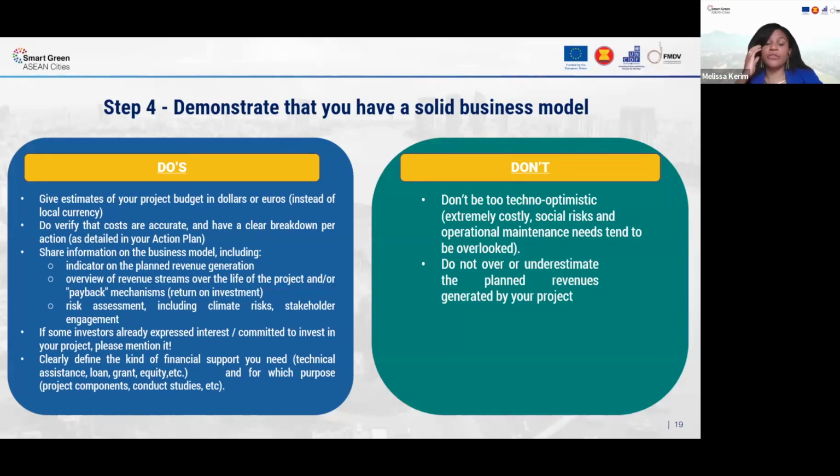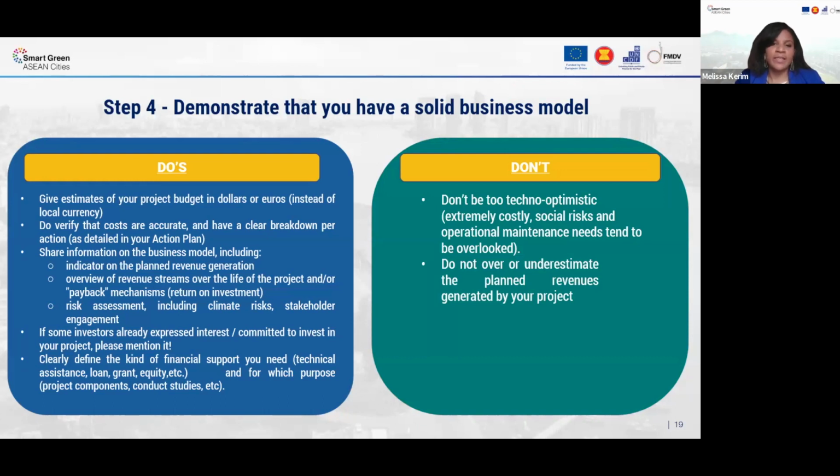Do make sure to double and triple check your budget, because if you are dealing with bankers, with financiers, they will notice if your budget is not clear or specific enough. You can share as much information as you want on your business model, but still try to be very concise. Include the indicators on revenue generation, the overview of revenue streams over the life of the project, and the risk assessment.